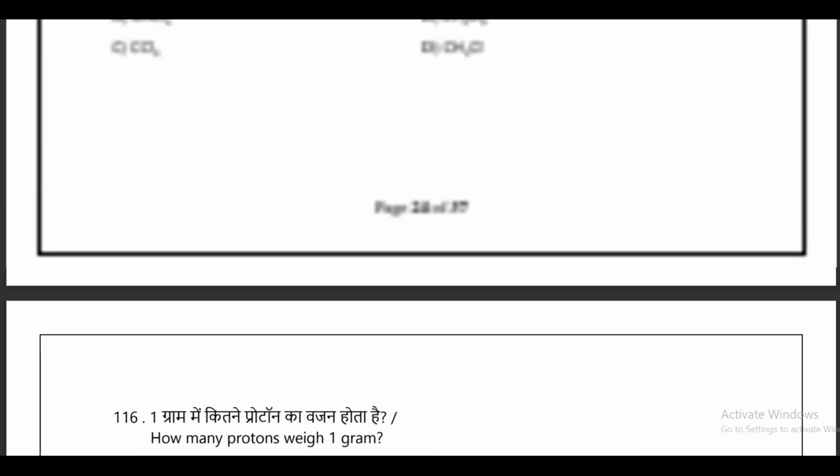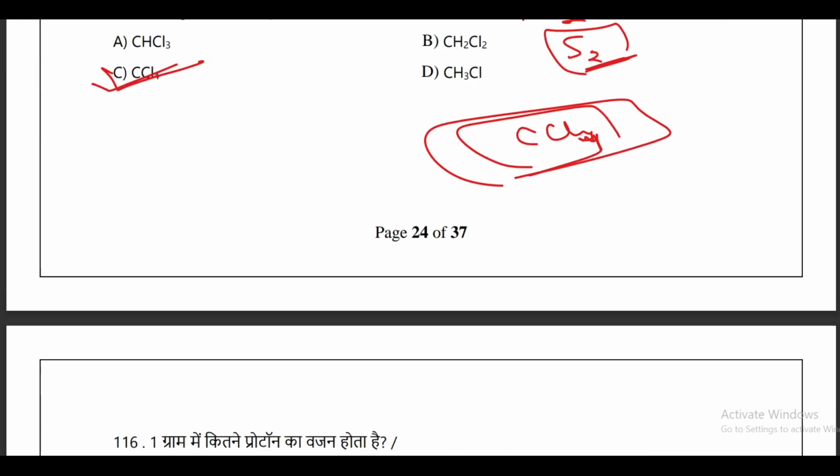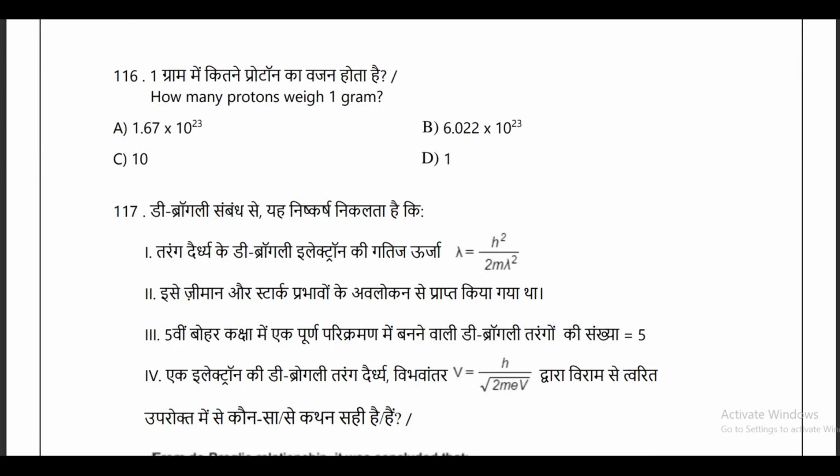In the next question, how many protons weigh 1 gram? Okay, so the mass of a single proton is 1.67 into 10 raised to power minus 24 gram.